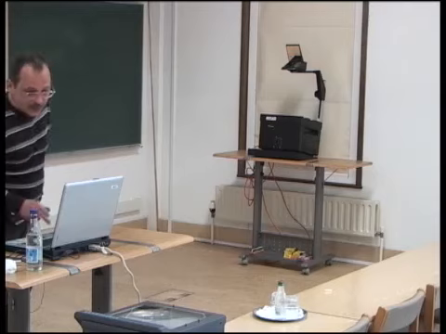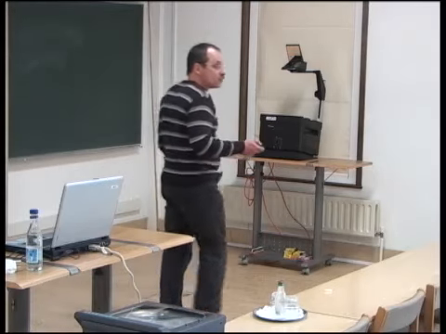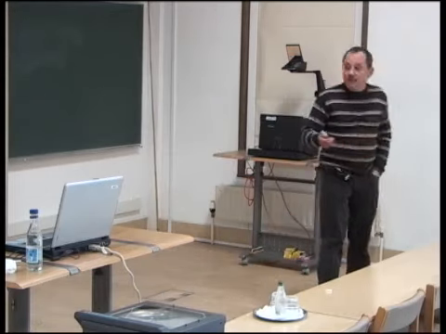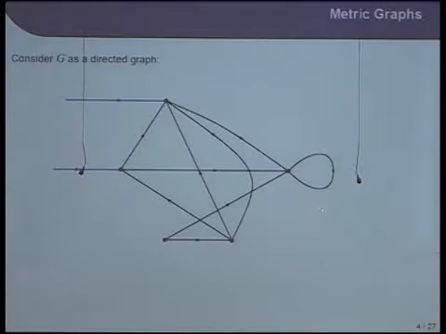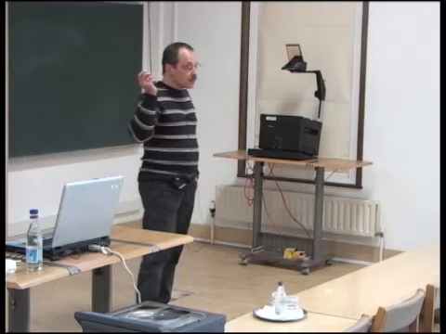Next step, we will introduce the orientation of this graph. This means any edge will be considered as an oriented edge. It's quite arbitrary. We need this to introduce local coordinates on the graph. This is the same story as the introduction of local coordinates on, say, Riemannian manifolds, and for this we need orientation.